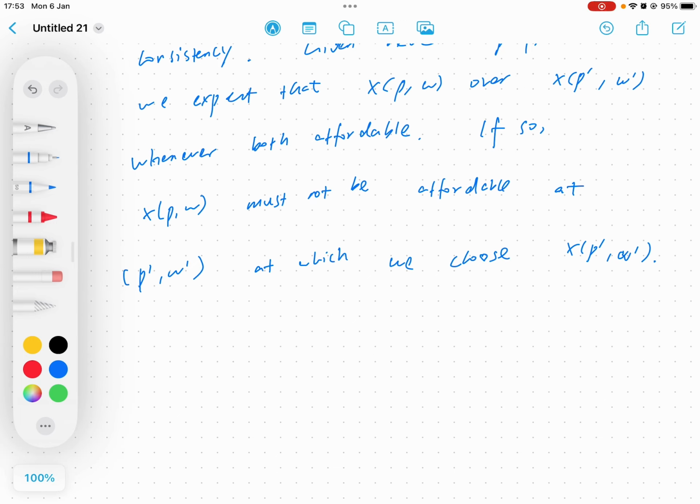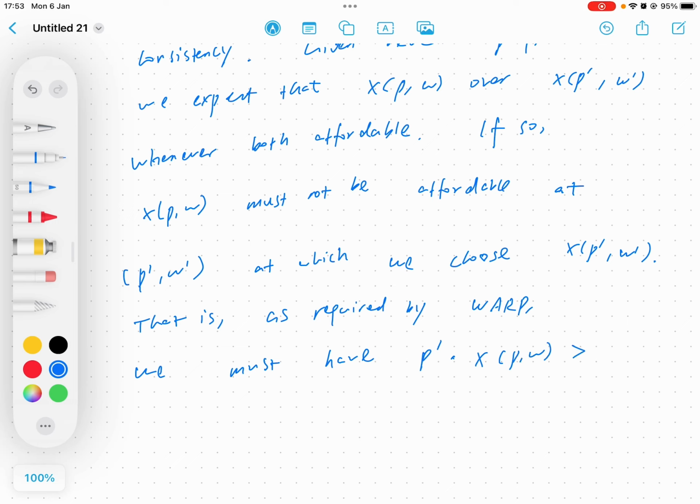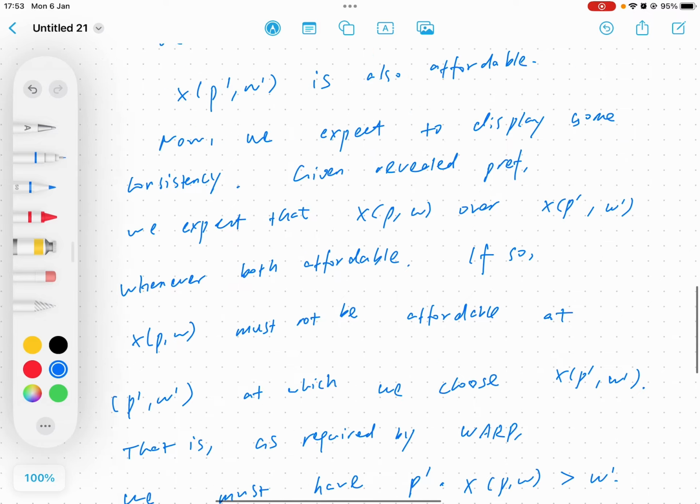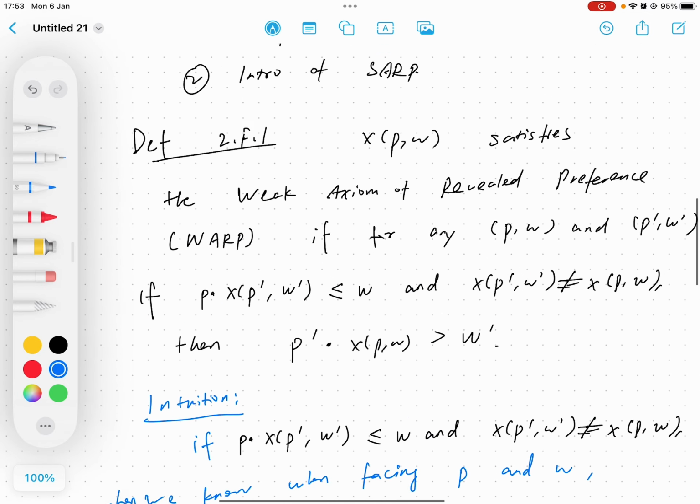And that means, as required by the WARP, we must have p' inner product x(p, w) greater than w'. So that was the intuition for the WARP.